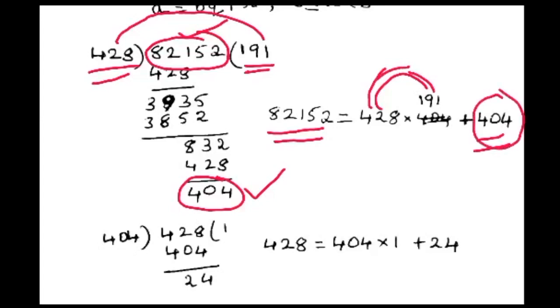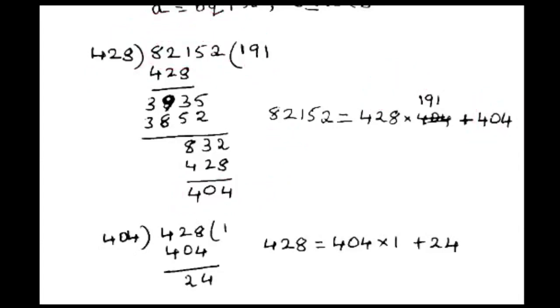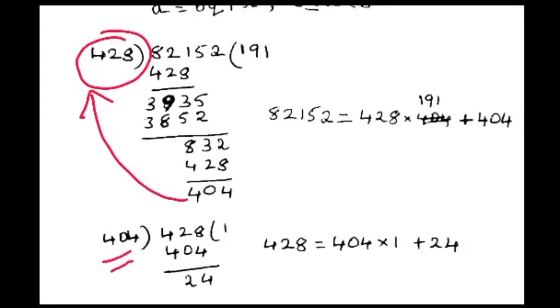Now we have to divide the divisor by the remainder. So 404 becomes the divisor, 428 becomes the dividend. When 428 is divided by 404, we get quotient 1 and remainder 24.